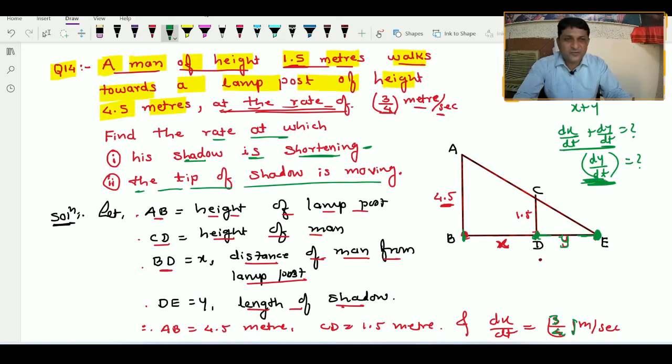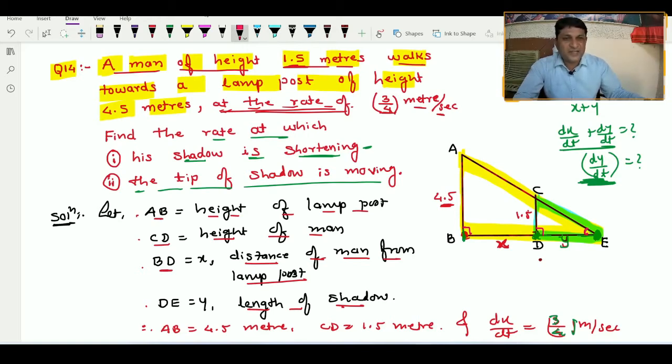So first we are trying to find our first required value. Here in this figure we can easily observe that this triangle ABE and this triangle CDE, both these triangles are similar by AA criterion, because this angle is 90 degrees, this angle is also 90 degrees, and this is the common angle of the triangles.